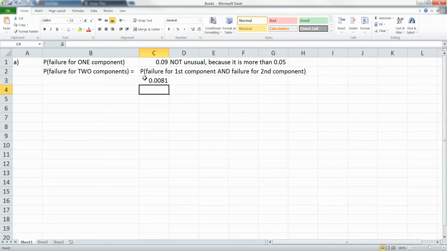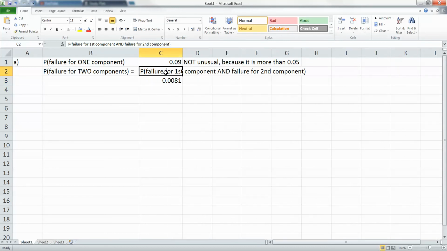Actually, I should probably do a cell reference: equals that cell squared, because you want the first component to fail and the second component to fail. You multiply because they're independent of each other. That's why I'm squaring it. So you can think of it as multiplying 0.09 times 0.09.